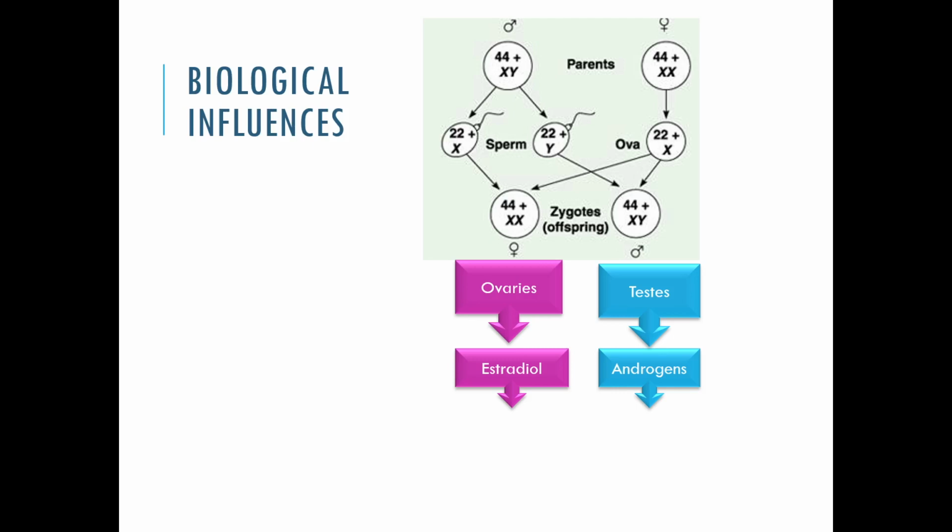Typically, if all the cells in your body contain XX, then the typical pattern is for those gonads to turn into ovaries that then will start to produce estradiol. If something goes wrong in the development of an XX carrying offspring, again, the gonads would stay gonads and the hormones would not be produced.